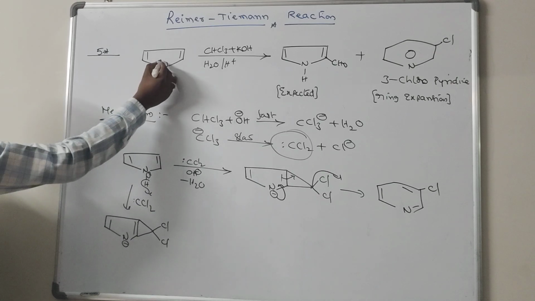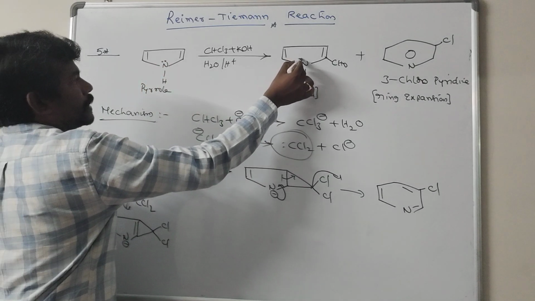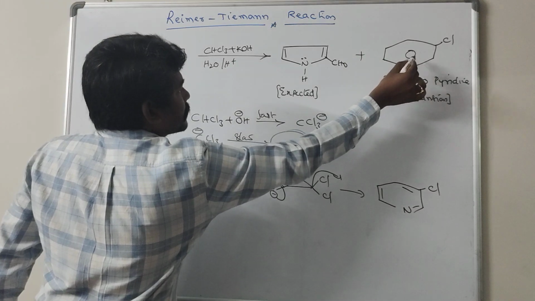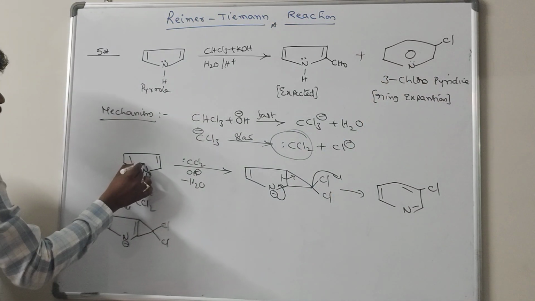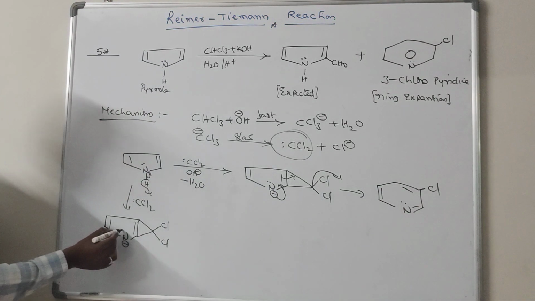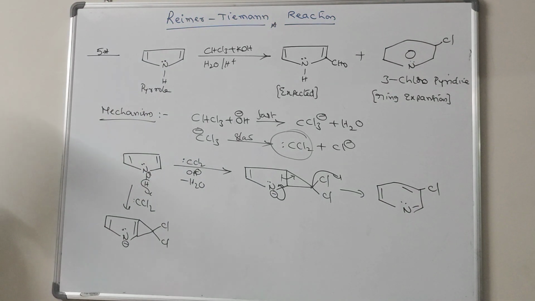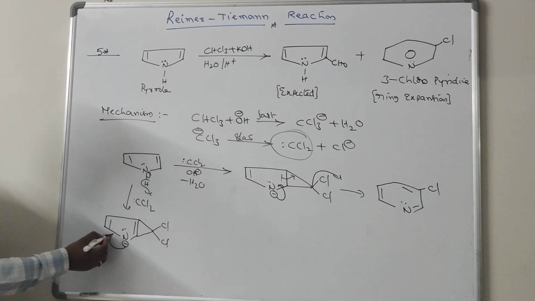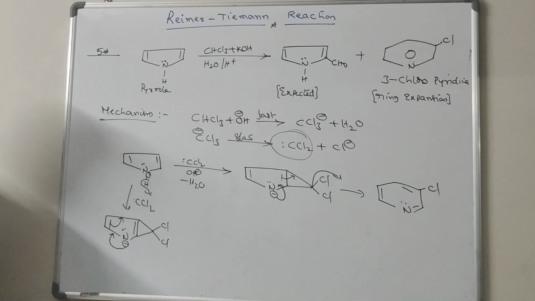In pyrrole, the nitrogen atom contains a lone pair of electrons, and there are lone pairs here also. So actually what happens is the shifting of electrons here.